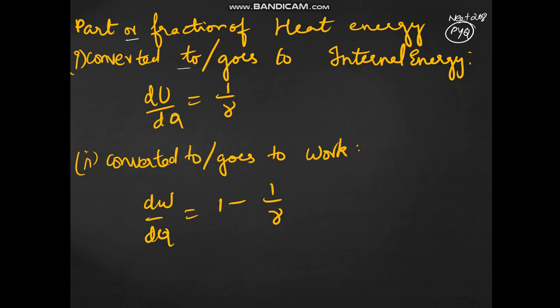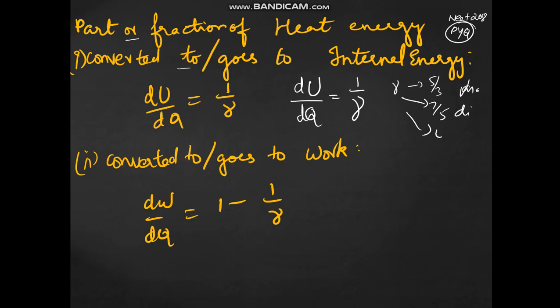That is given by 1 by gamma. The gamma value we have learned is 5/3 for a monatomic gas, 7/5 for a diatomic gas, and 4/3 for a triatomic gas.